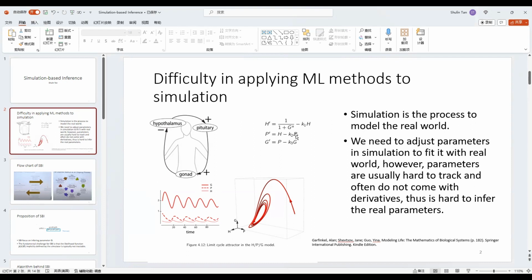That is where simulation-based inference comes in. With simulation-based inference, we try to do Bayesian inference to predict the parameters we have here. Because these three hormones interplay with each other, it is very hard to have a specific derivative of H prime, P prime, and G prime.